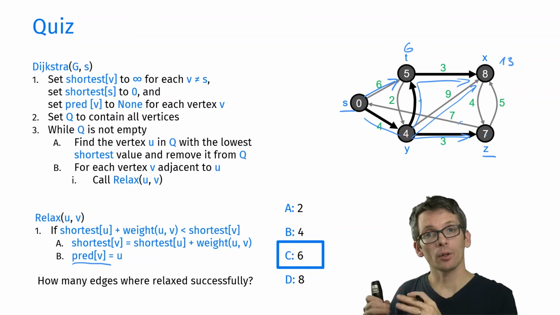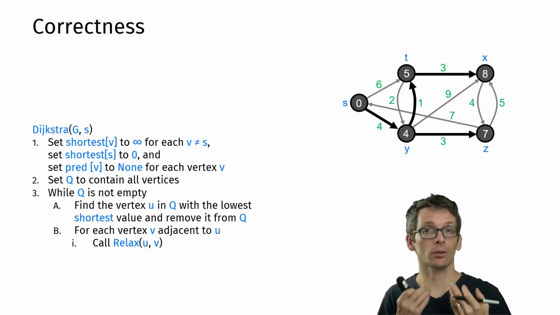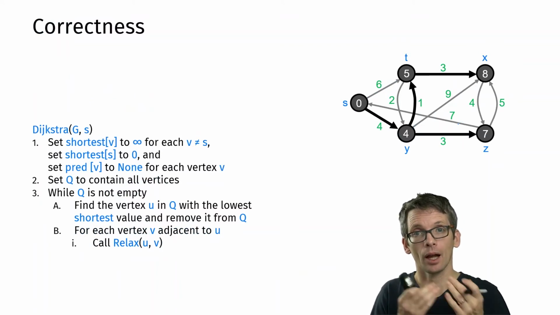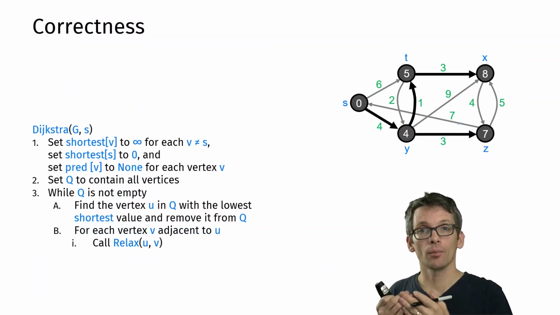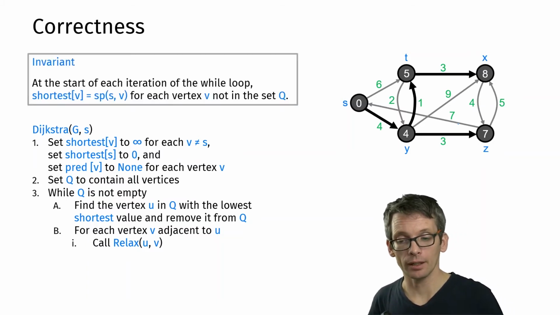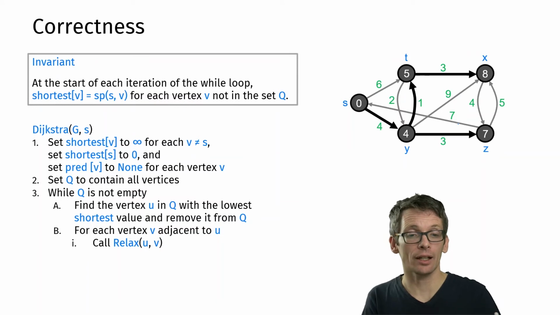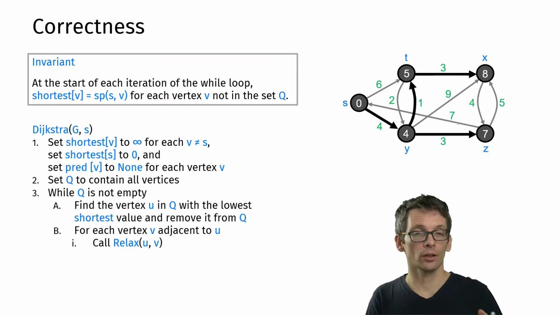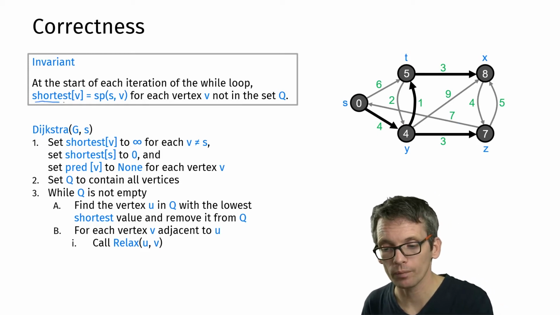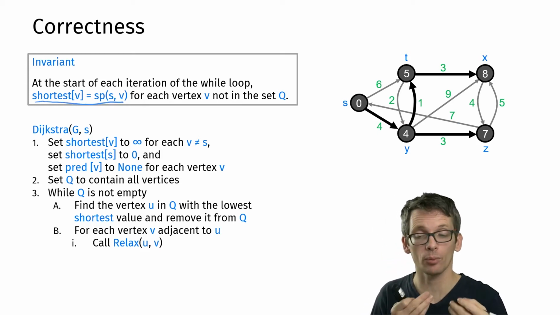We have the algorithm. Now let's look at correctness, and then let's look at the running time. The correctness can be proven using the following invariant, and it simply states that for all of the vertices that are no longer in the queue, so the vertices that are black in my examples, the shortest path distances have been computed correctly.